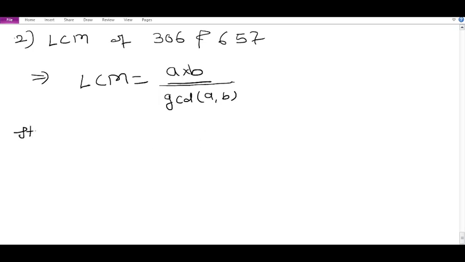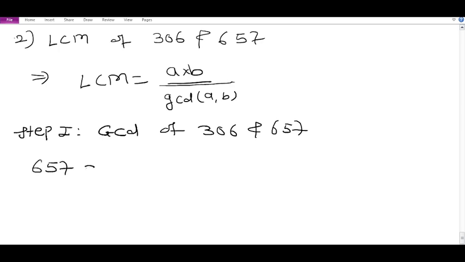Step first, GCD of 306 and 657. So we divide 657 by 306. The quotient will be 2 and the remainder will be 45.